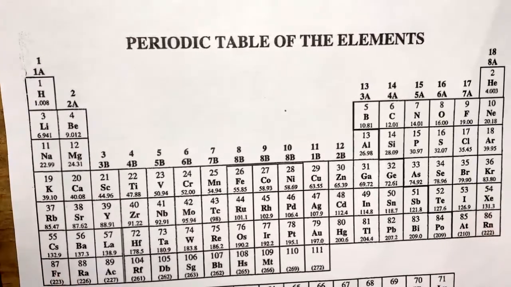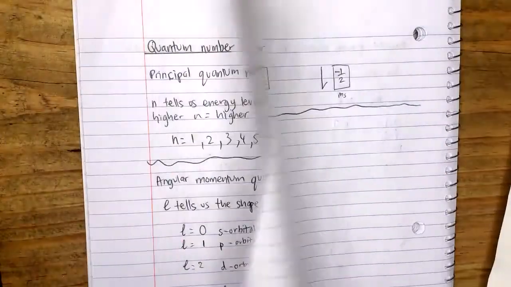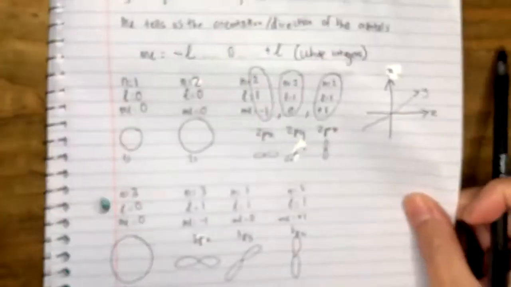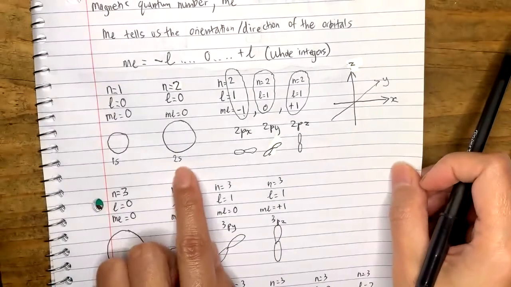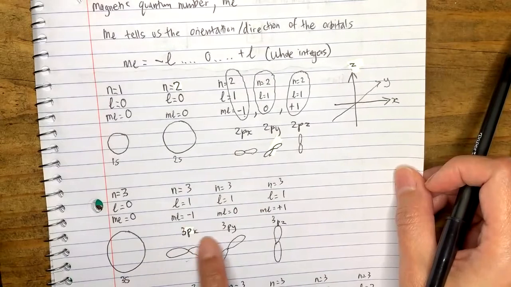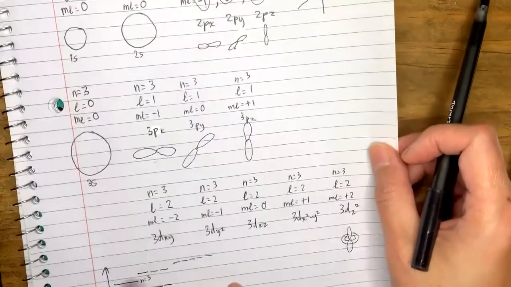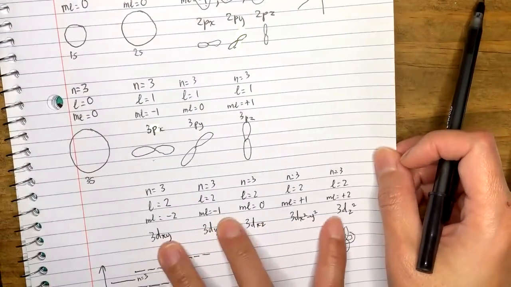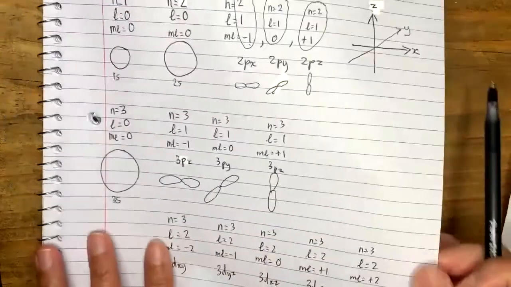Each orbital has 2 electrons, correct? And from our quantum number rules, we learned there was 1s, then 2s, then 2p, 2p, 2p, then 3s, then 3p, and then 3d. Now this is when it starts to mix. I'll show you on the periodic table.